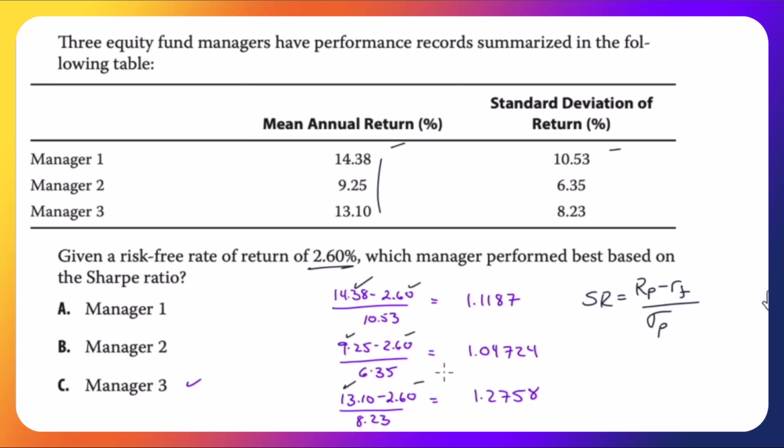We're going to subtract 2.6 off of each of them and divide them by their respective standard deviations. 1.1187, 1.0472, and 1.2758. There's the highest one. We are looking for which manager performed the best. The best performance with a Sharpe ratio is the highest Sharpe ratio, manager 3.